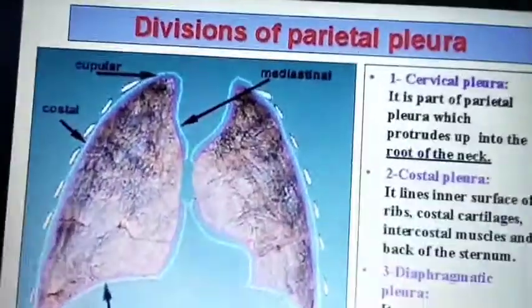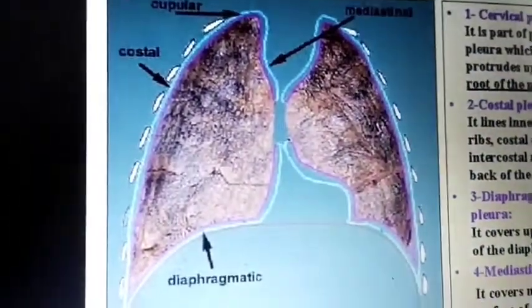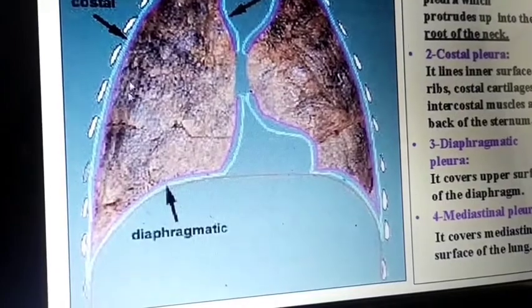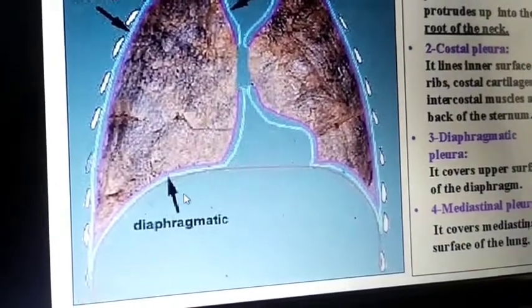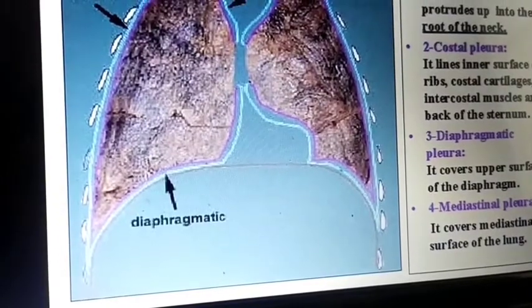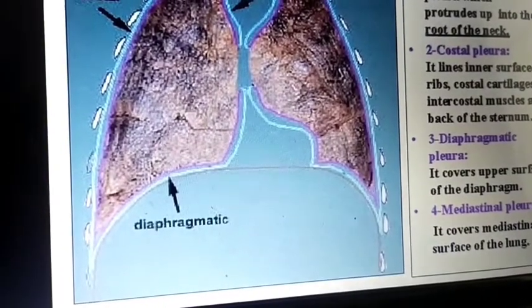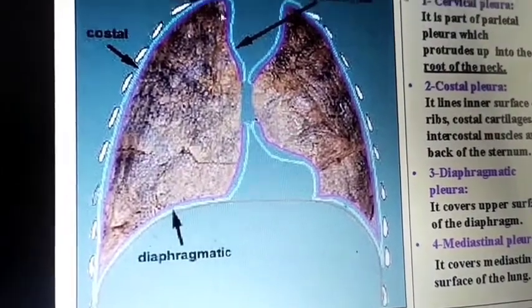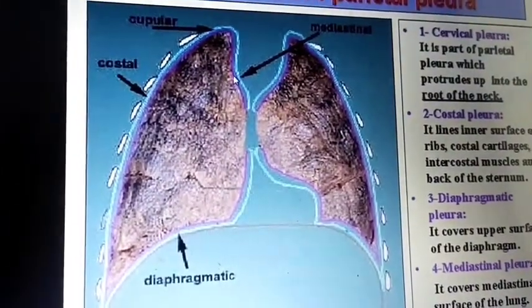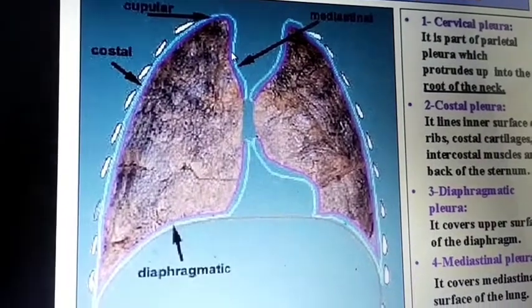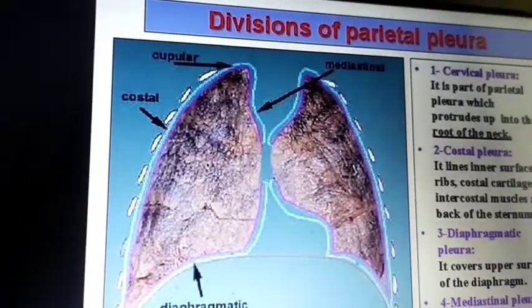You can see it here in this picture. This is the costal pleura, this is the diaphragmatic, this is the mediastinal, and this is the cervical pleura. The cervical pleura is the part of the parietal pleura which protrudes up into the root of the neck.